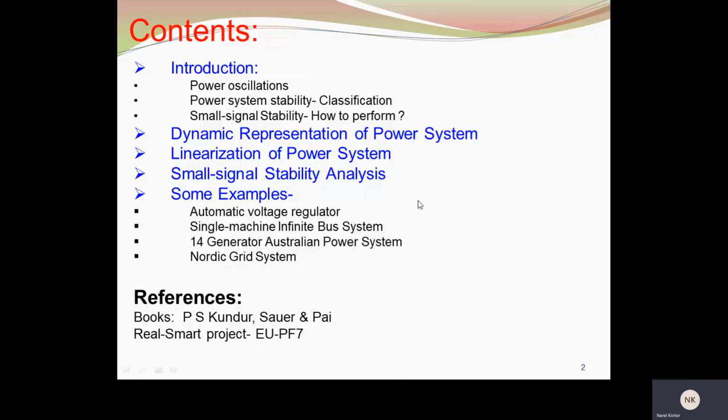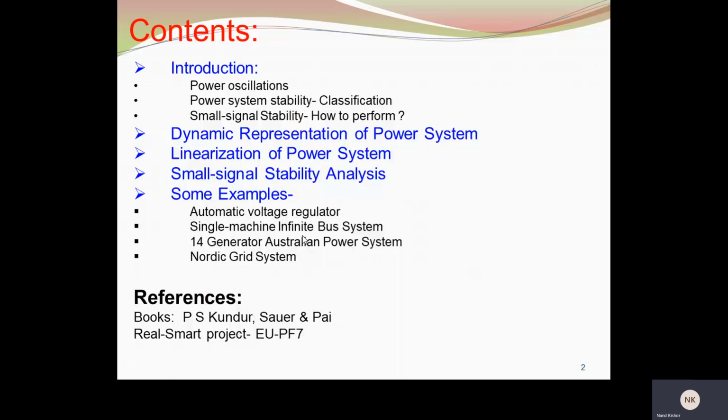And as I said, we will have some examples considered in discussion. So mainly small signal analysis on components like an automatic voltage regulator, and then a small system like a single machine infinite bus system, and then we will have it for a larger network.